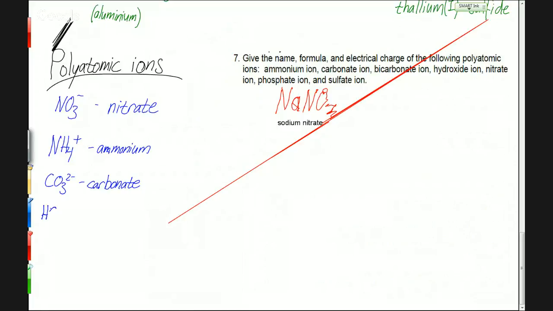Bicarbonate, sometimes known as hydrogen carbonate, is like carbonate but with a hydrogen, and it's minus 1. Hydroxide is OH minus 1.